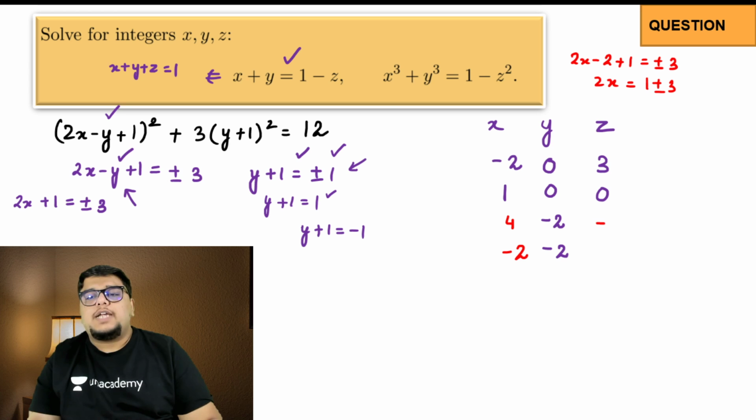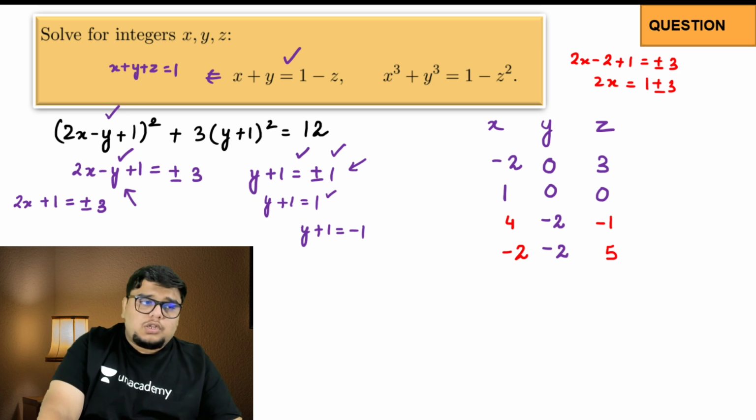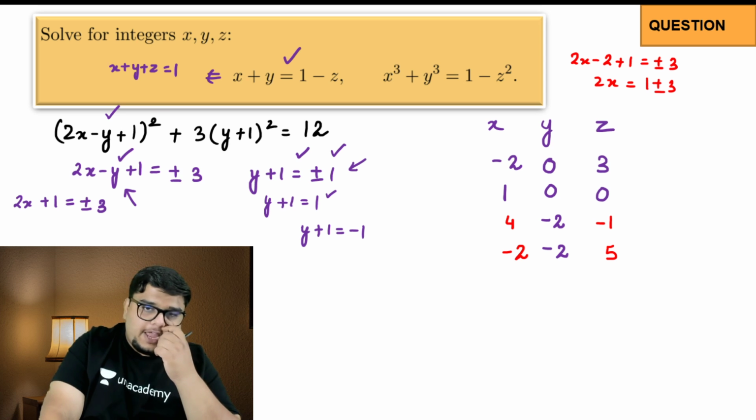So here one value will be minus 1 and here one value will be 5. So I think these are the solutions. Yes, if I haven't made any mistake, I think these are the solutions. There could be some mistake because a lot of calculation is involved.